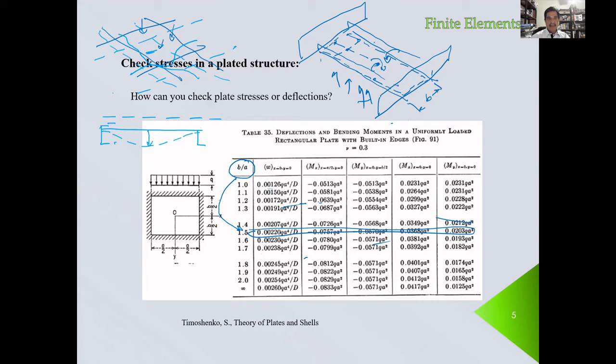So this deflection is the one that has to be compared with this value. So what we have to do is consider the deflection of the borders, which are the deflection of the stiffeners, and get the difference with the deflection at the central part of the plate. And that's the relative deformation that we can compare, for example, using Timoshenko's results.